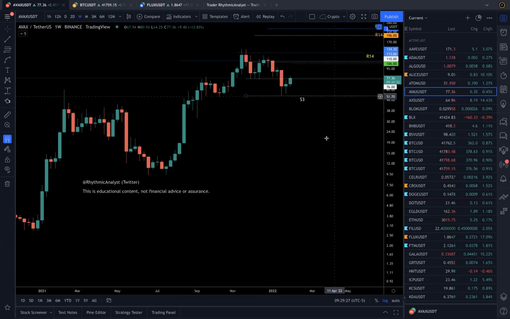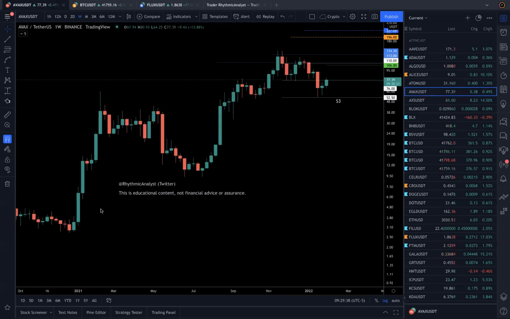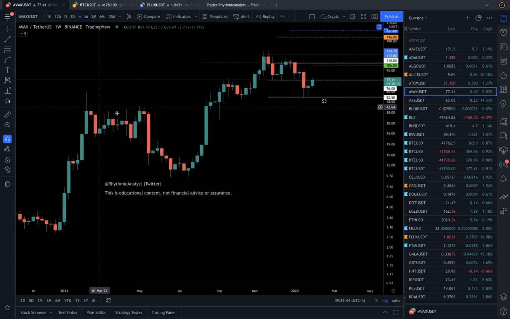AVAX is strong. It's very close to the required level, and it didn't lose much in terms of value. It retested this S3, a retest of this high. If you look at February, March, May last year, the first quarter, second quarter, Q1, Q2 last year, it retested this level.